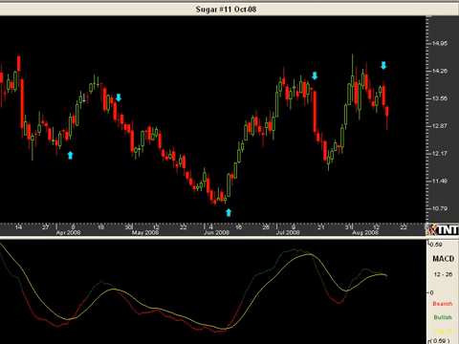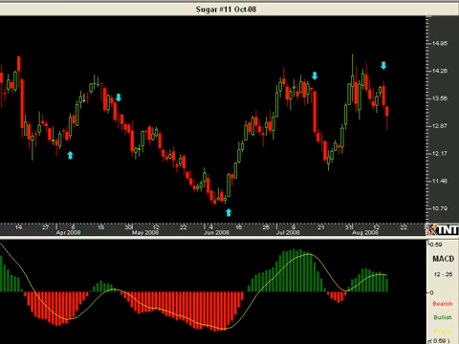And the line chart would look like this, where it's the same idea, but it just kind of highlights the extreme of the histogram. This other line that we see on here, this yellow line, that is known as the trigger line. That is yet another exponential moving average line, and it's supposed to tell you when you should buy and sell the market.